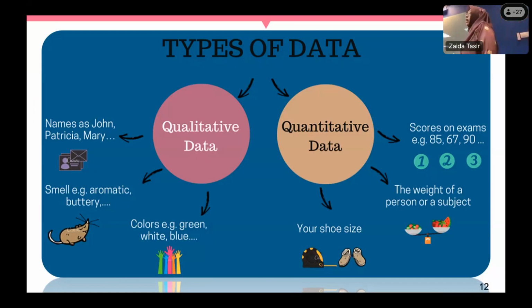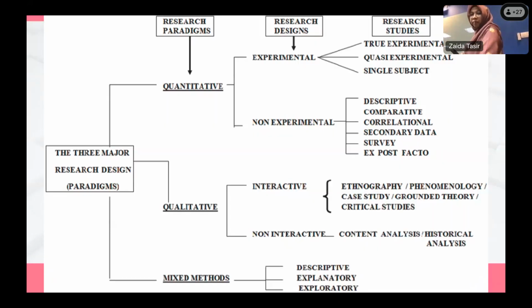And the qualitative data is where you cannot count it. You're only going to analyze it using content analysis, thematic analysis, narrative analysis, anything. Then you cannot count it, you cannot calculate it, you cannot produce a mean, and this is going to be qualitative data. So these are two types of data that are very popular that you can use.